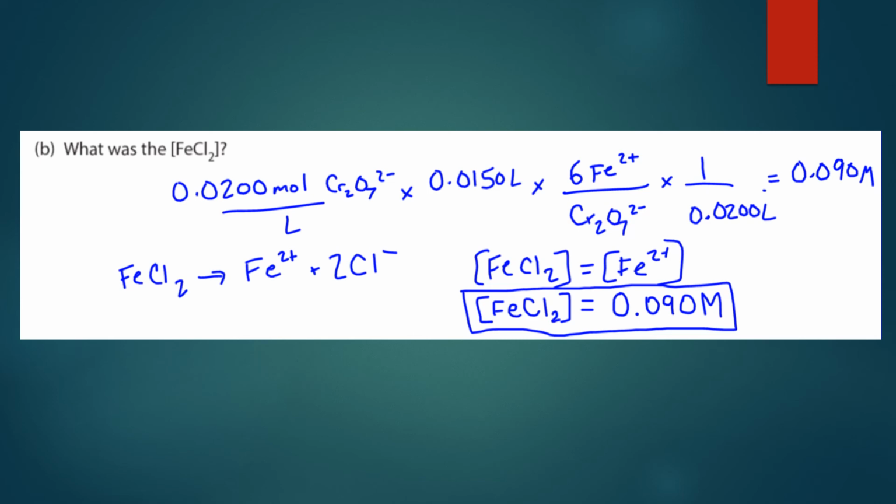The other thing that I need to do is make sure, you can see my net ionic equation there for iron 2 chloride, that I have a 1-to-1 ratio with the iron ion and the iron 2 chloride. And I do, so my final solution is 0.090 moles per liter.